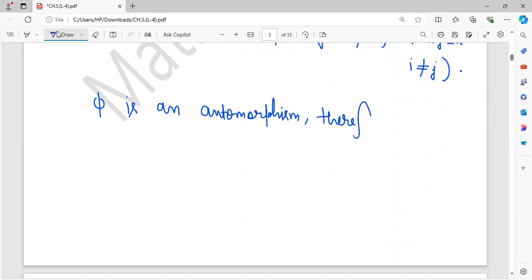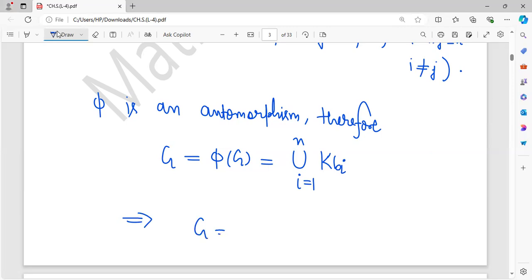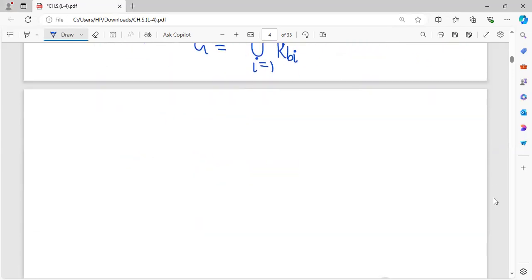Therefore, G is equal to phi G, and phi G is nothing but the union of K B_i. So this implies G is nothing but the union, i goes from 1 to N, of K B_i. So this fact is proved. Now we have to show that they are disjoint.